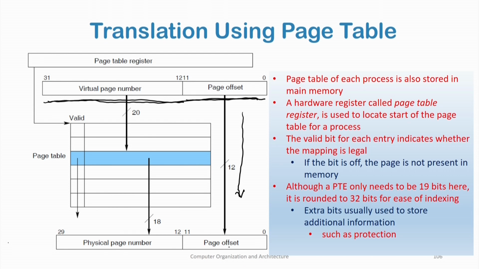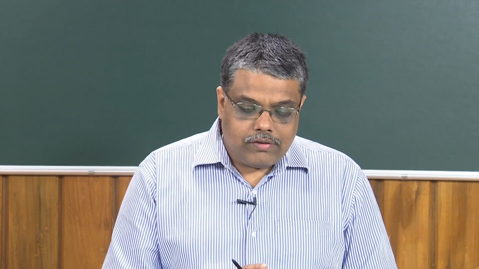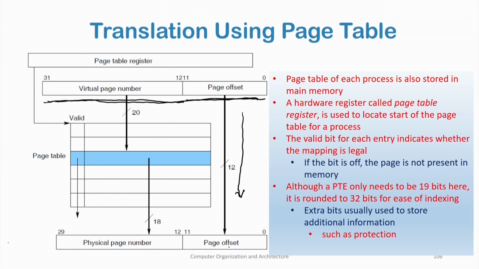This was because the page size in the virtual memory and the page size for the main memory are the same. The virtual page number is then floated to the page table of the process.